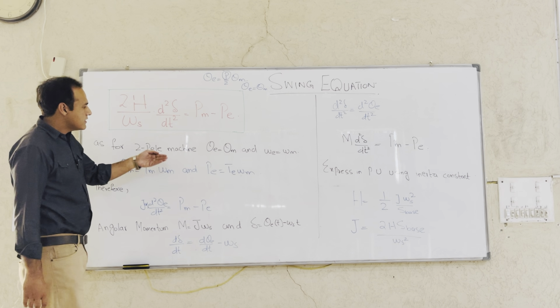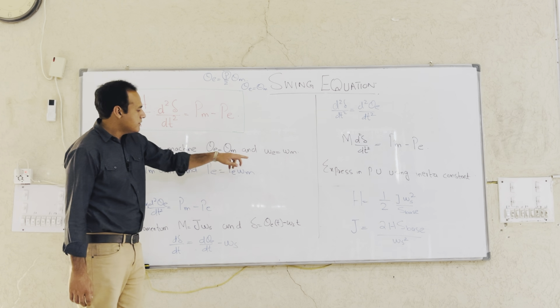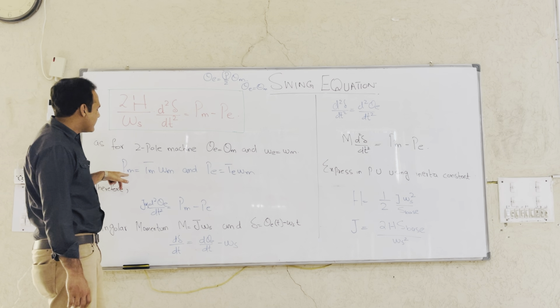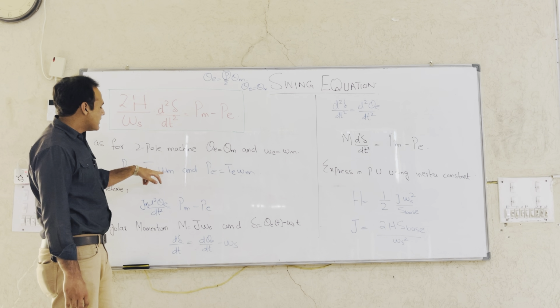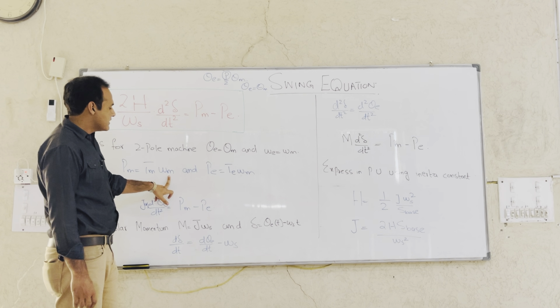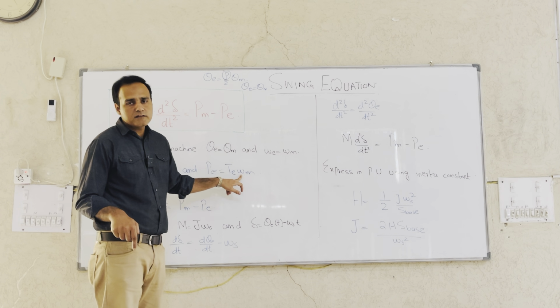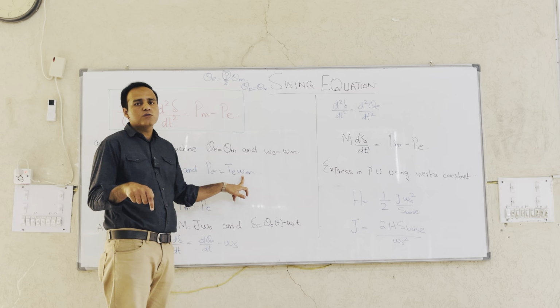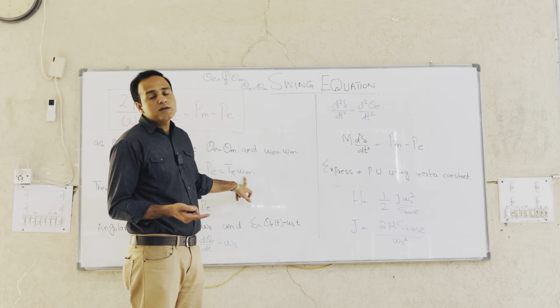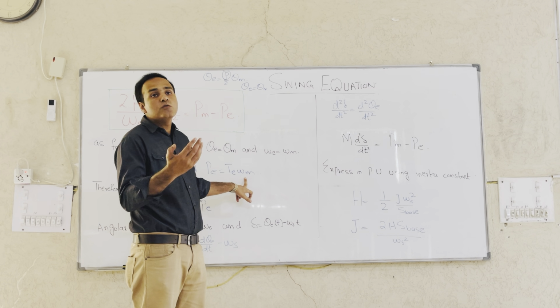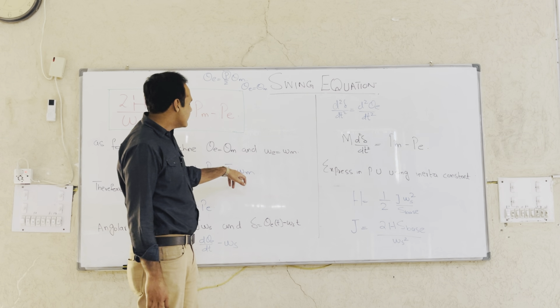The same thing repeats here: because theta e is equal to theta m, we know that mechanical power Pm is equal to torque multiplied by mechanical speed. Similarly, electrical power is equal to electrical torque multiplied by electrical speed, but as electrical speed is equal to mechanical speed for a machine having number of poles 2, omega s is equal to omega m.